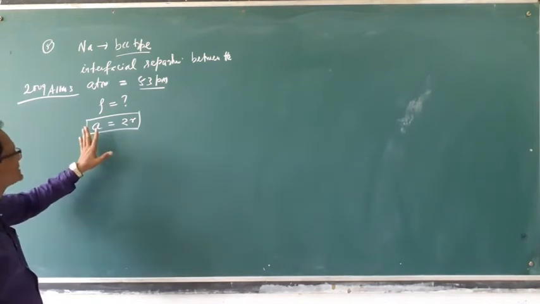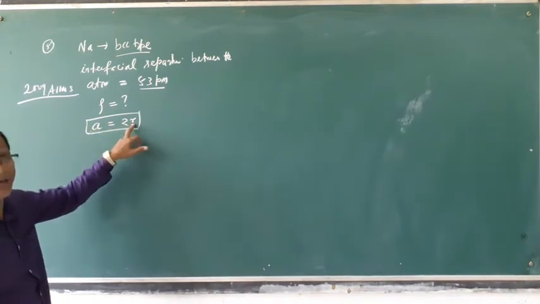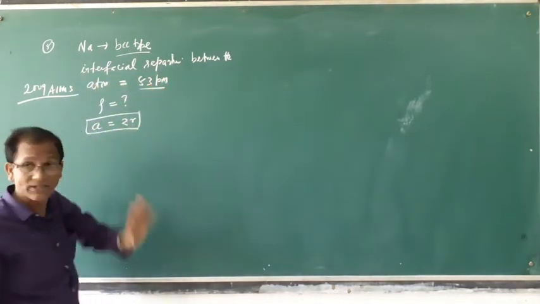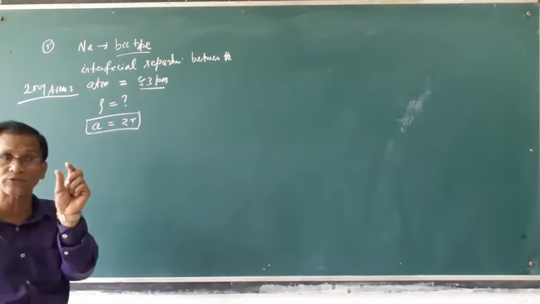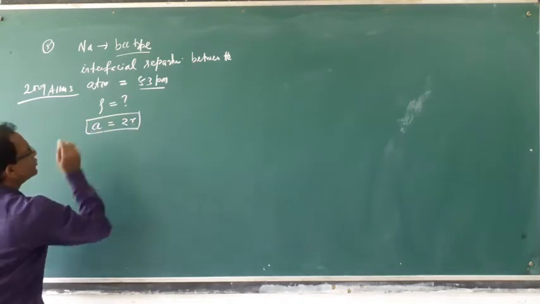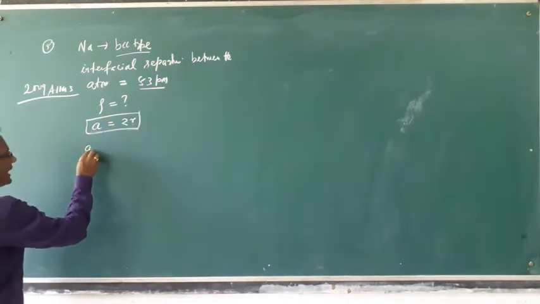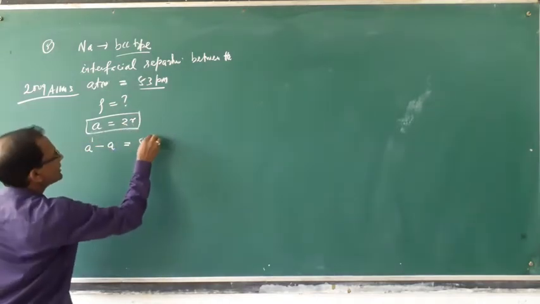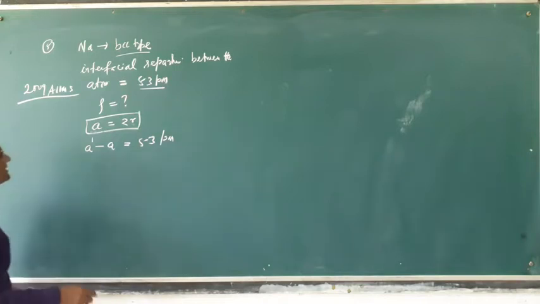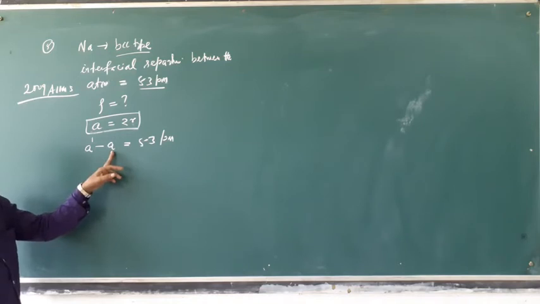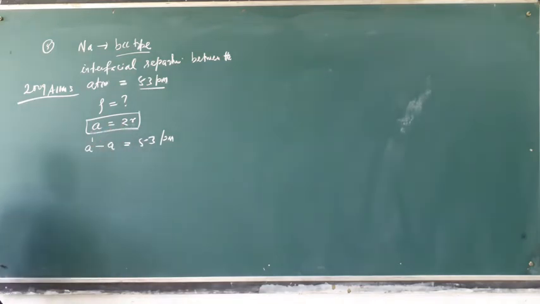So A' is 2r, but as per the question, interfacial separation means there is some actual gap between the spheres. A' is the closely placed distance, that is 2r, and A is the edge length after the gap.